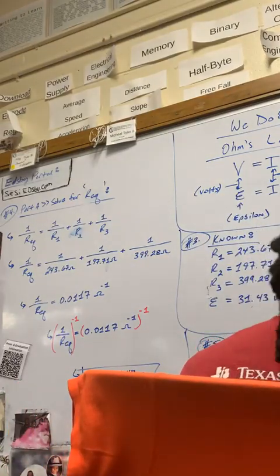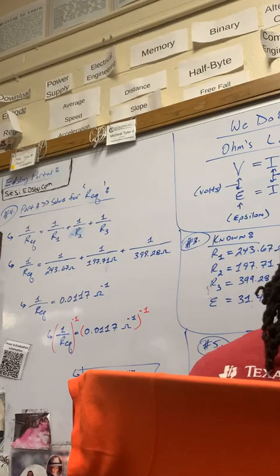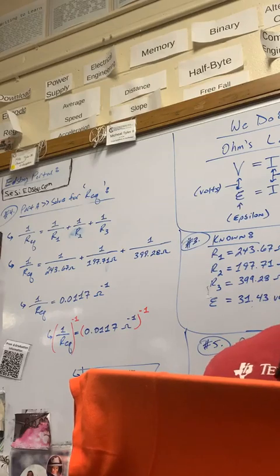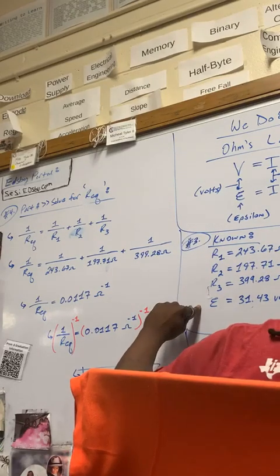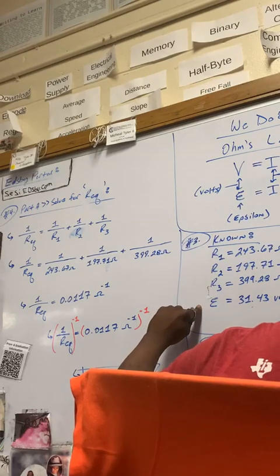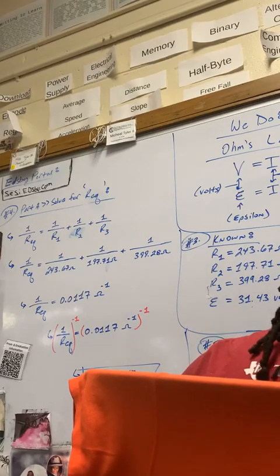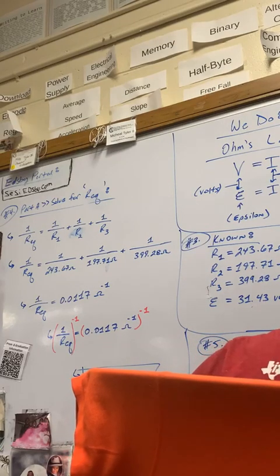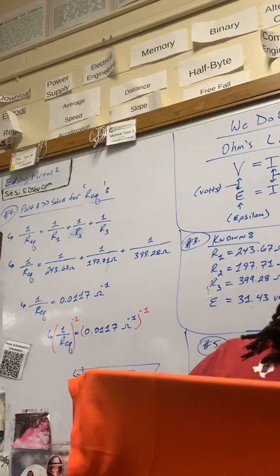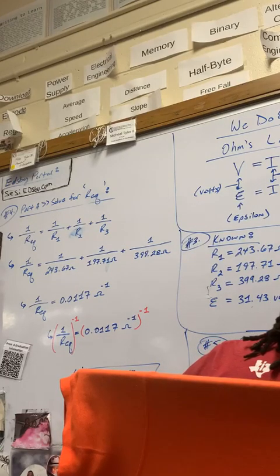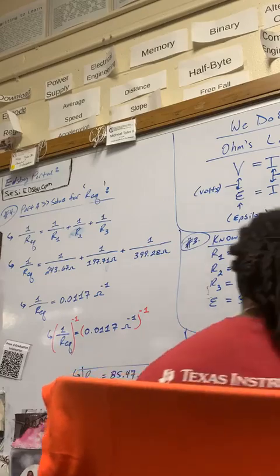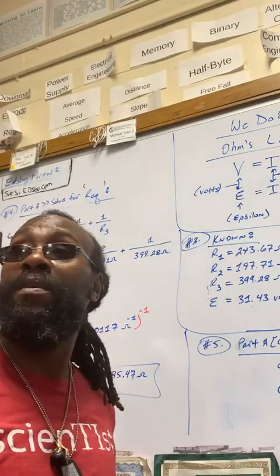It's going to be I total is equal to our voltage divided by our REQ. Calculate. And again, I'll take a picture of it.